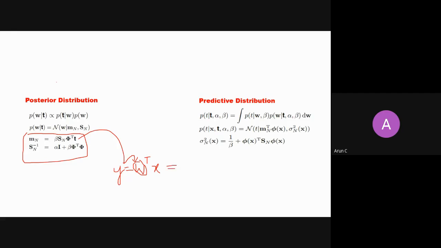So I will write it like this: Mn transpose X. X is the place where I want to predict, right? In my regression, I can even write it like this: X transpose Mn, right? And what is Mn?